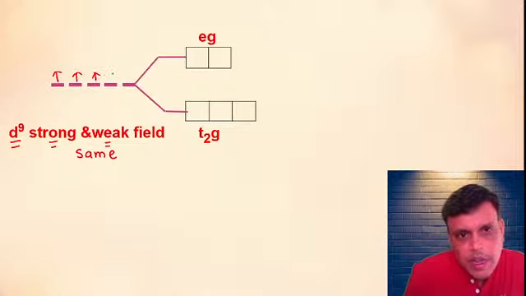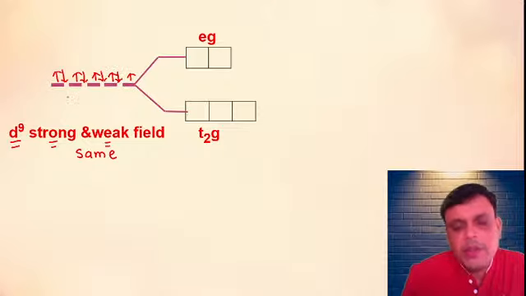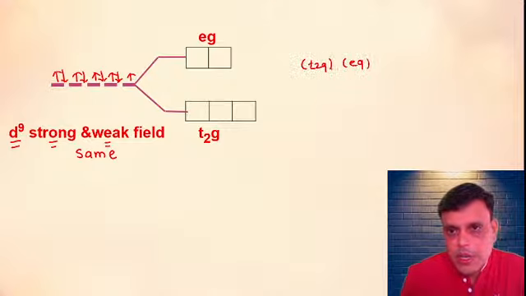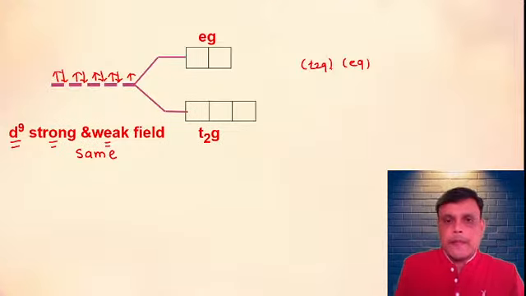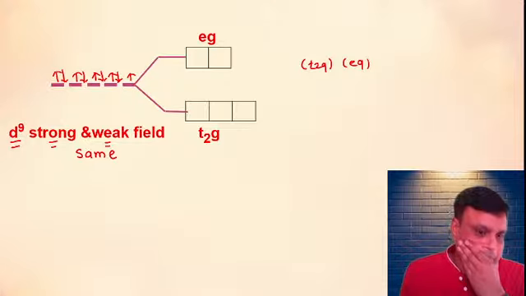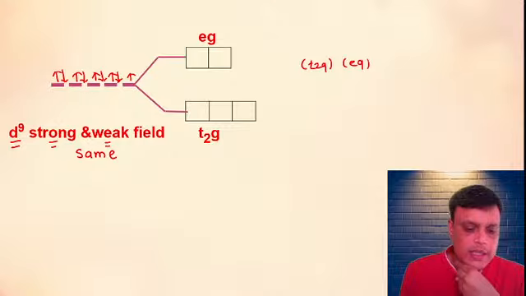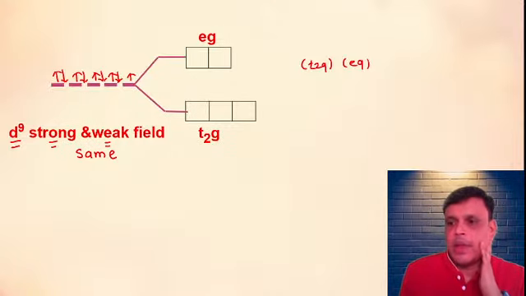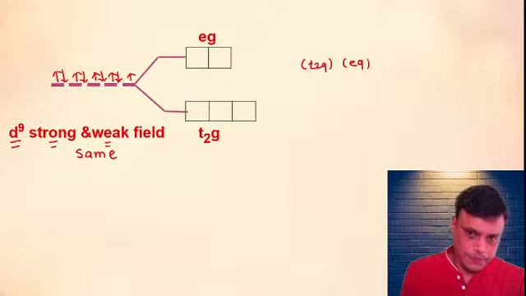I will draw here the 9 electrons, and you have to fill these electrons in T2G and EG orbital. Okay, quickly fill and tell me the electronic configuration.